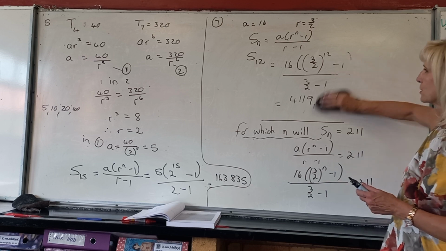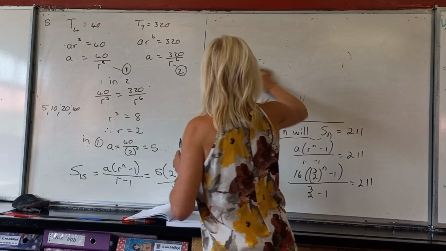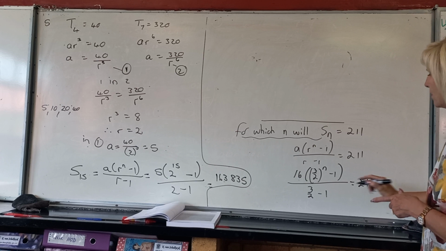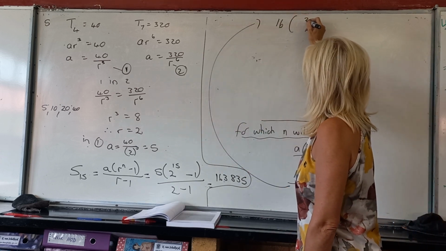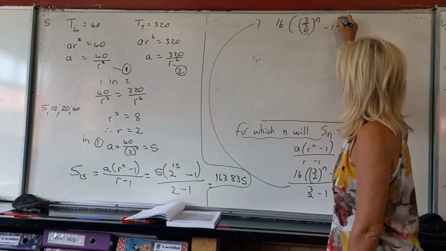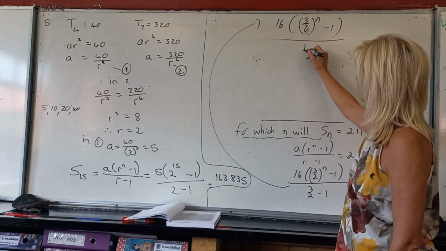Let's carry on here at the top. I don't have space anymore. So, if you want to carry on with that and have 16, 3 over 2 to the n minus 1 over, this would be a half, am I right?